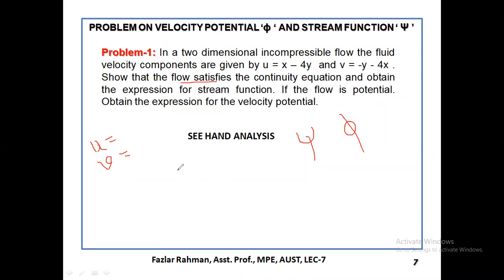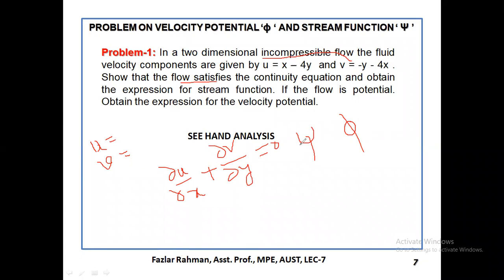So what is the continuity equation? It says incompressible flow, so your continuity equation is del u by del x plus del v by del y equal to 0. From here you figure out del u by del x, from here del v by del y, then put it over here. If it satisfies this equation, then you can say it satisfies the continuity equation.